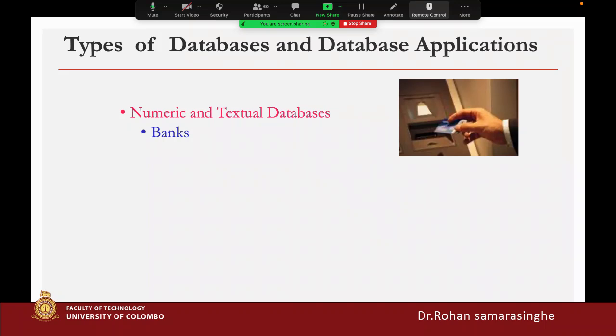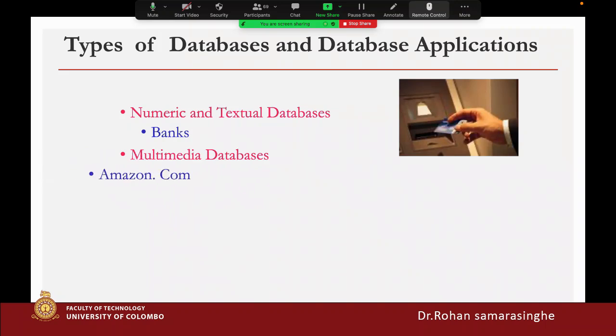If you want to withdraw, you can type the amount that you want to withdraw. Numerical data and also textual data are used there. Banks and multimedia databases are also there.